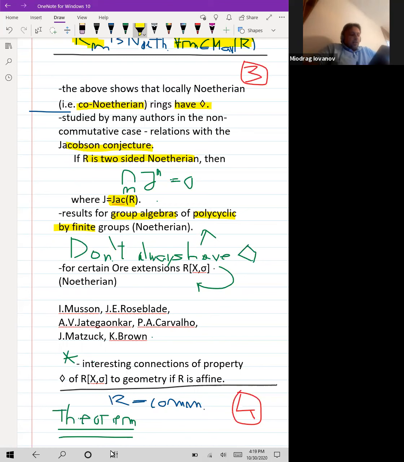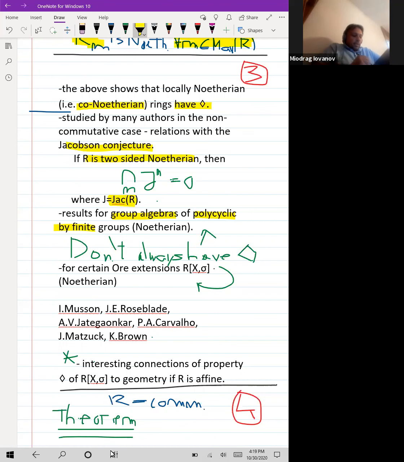And it turns out that these two-sided Noetherian non-commutative rings don't always have this property diamond. Quite strangely, this doesn't necessarily have property diamond. There are certain situations, depending on the group, that control when this has the property or not.